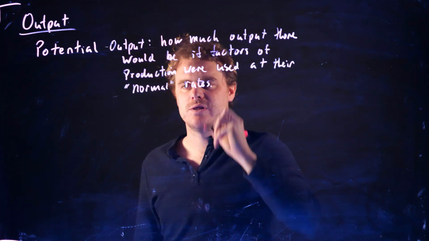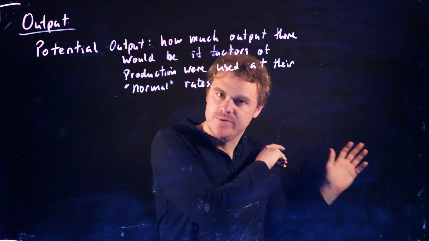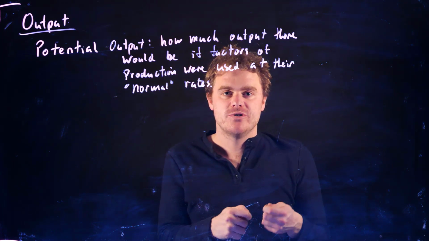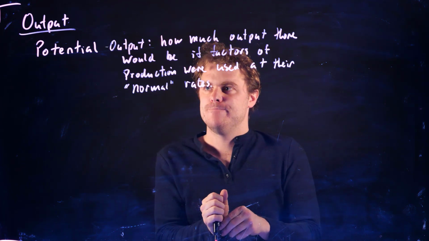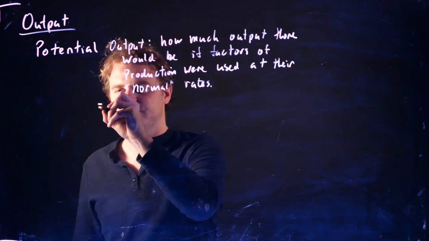So normal utilizations. It's not how much we could produce if everyone was employed, for instance. It's how much we produce if we had the natural rate of unemployment. So it's often called the full employment output.